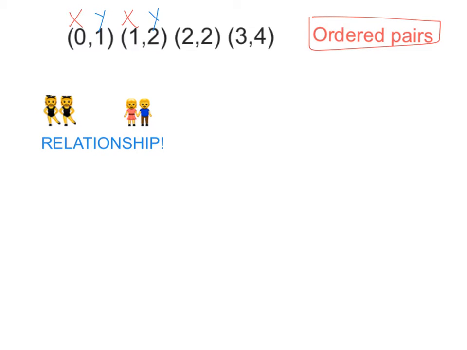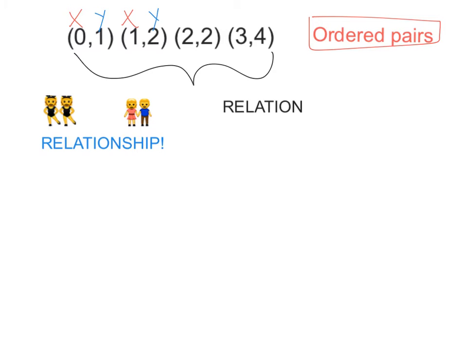We have relationships with our friends, right? A pair of people will have a certain kind of relationship, whether it's good or bad. In the same way, these ordered pairs also have relationships, and they are called a relation, right?